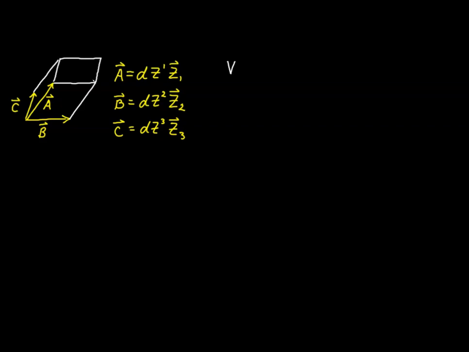The volume, a scalar value of the volume of this parallelepiped, is going to be equal to A, vector A, dotted with the cross product of B and C. What we said back in video 52 is that the magnitude of the cross product of B and C is the area of the parallelogram, that's the base, and then when we dot it with A, that effectively multiplies by the height of the figure.